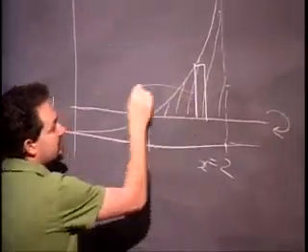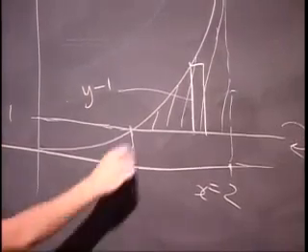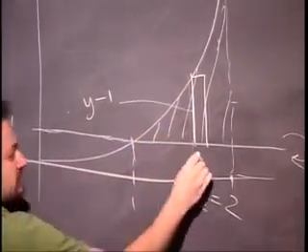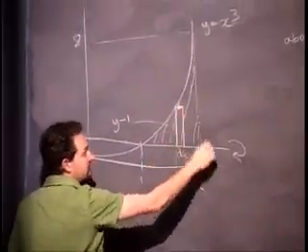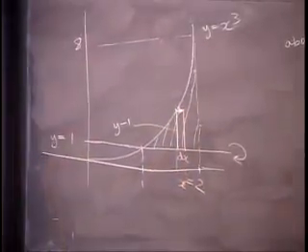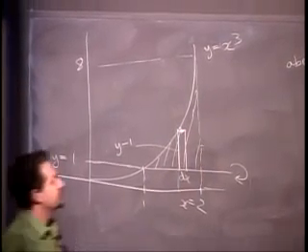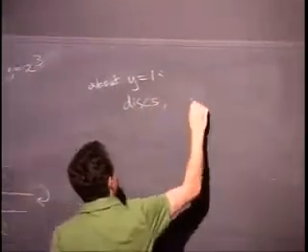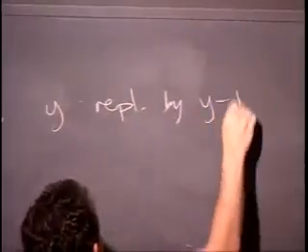The height of this strip is y minus 1 because y is all the way down to the axis and I'm taking away 1. And the thickness is dx. The top of the strip, the thin bit, is parallel to the axis of revolution. And so I'm going to use the disk method. So it's disks with y replaced by y minus 1.